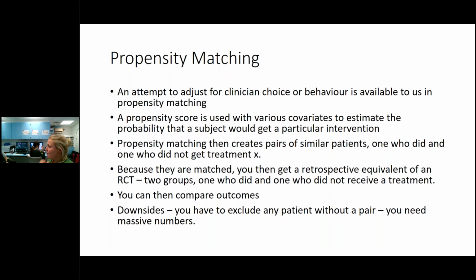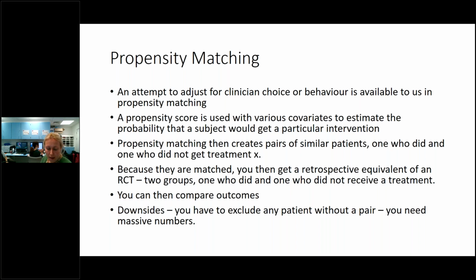If you can get enough of those pairs out of your data, you can compare them pair for pair and compare outcomes, because you've almost got an RCT. You're pairing up people who did and didn't receive treatment. And if lots more people got Optiflow than CPAP, you can even do it 2 to 1, 2 patients with Optiflow for every 1 who got CPAP, because that's about the ratio of what you would do.